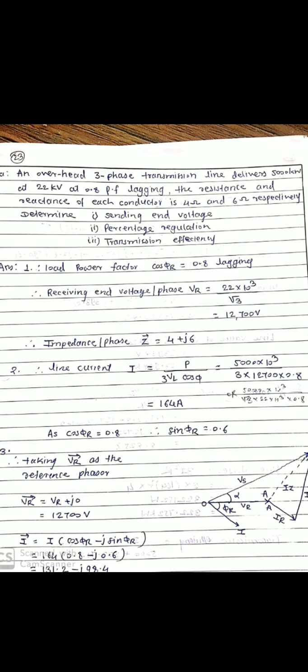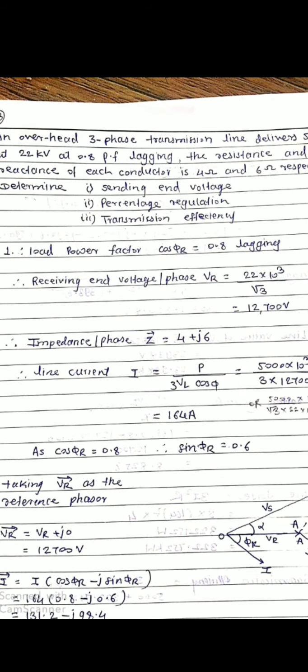The receiving end voltage per phase Vr is equal to 22 into 10 raised to 3 divided by root 3, which is 12,700 volt. The impedance per phase Z is equal to 4 plus j6, where 4 is the resistance and 6 is the reactance.